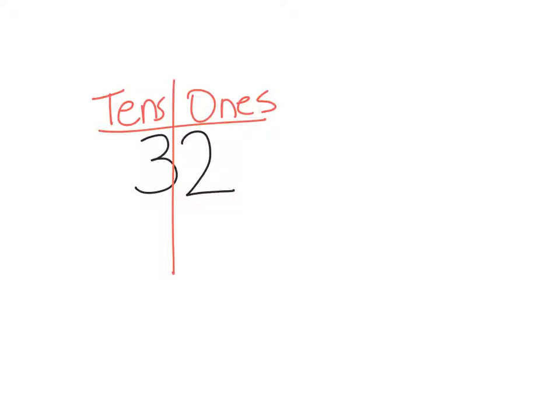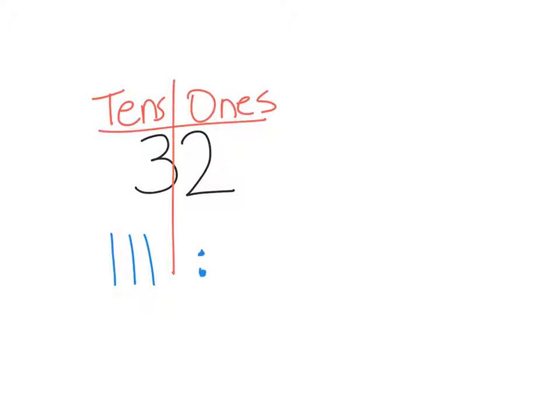In the number 32, you have 3 tens and 2 ones. And you can see that with that T-chart, you've got the 3 in your 10 spot and the 2 in the ones. If I ask you to demonstrate what that looks like, you know that that looks like 3 rods and 2 units, just like that.